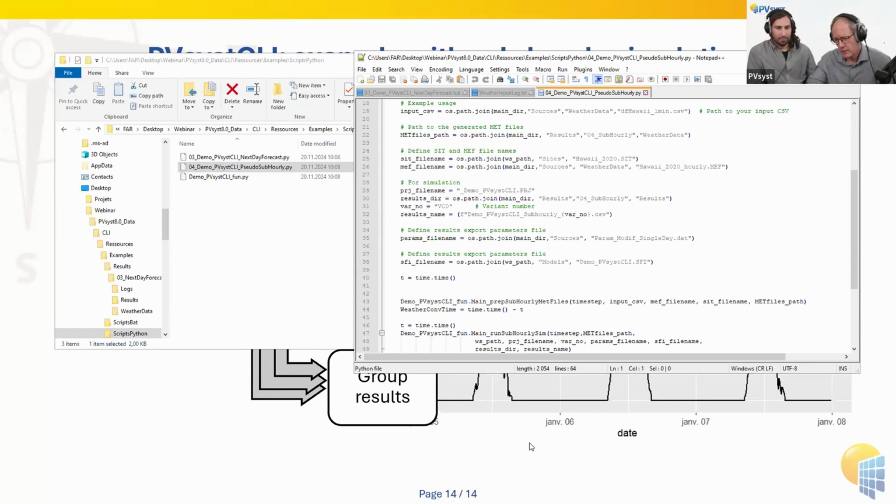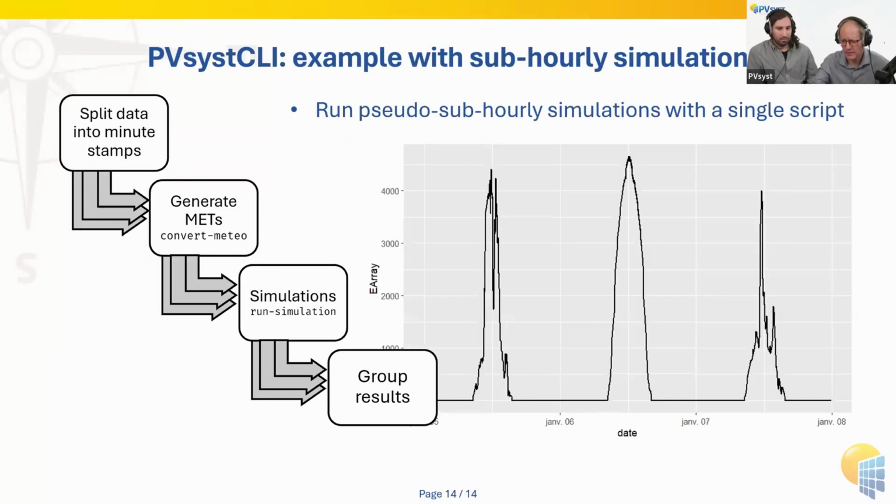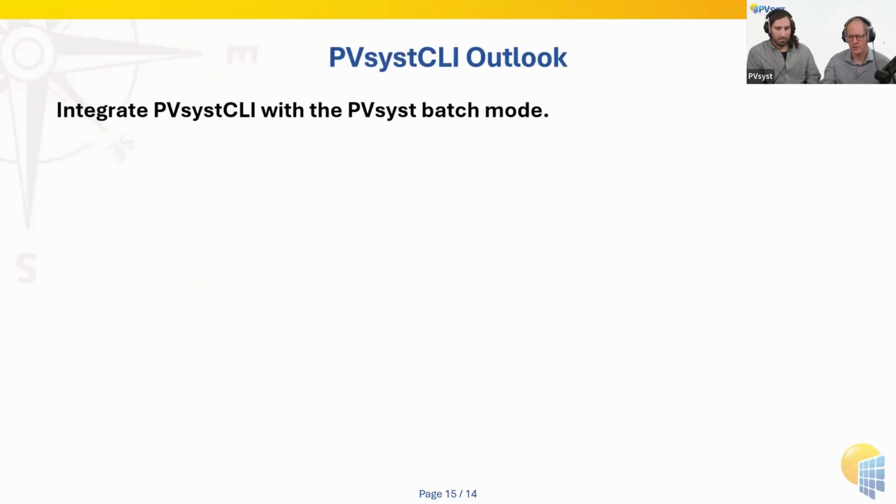Good, and with this, I basically gave you a quick overview of what's possible right now with PVsystCLI. We are going to improve the features of PVsystCLI. So we have these two commands right now for importing weather data and running simulations. And the next step that's on our agenda will be to integrate PVsystCLI now with the PVsyst batch mode.